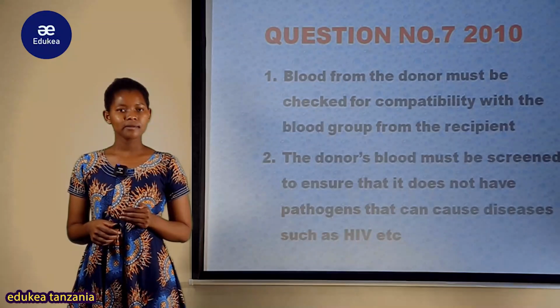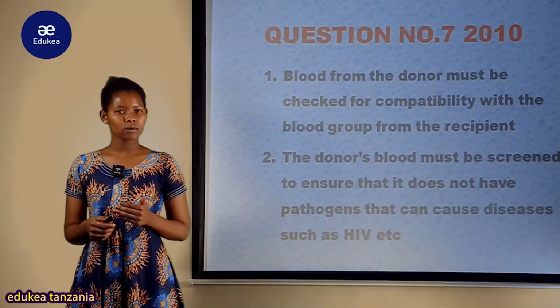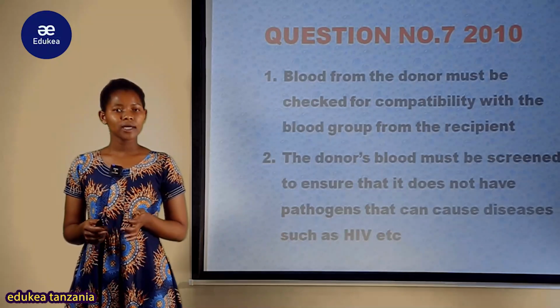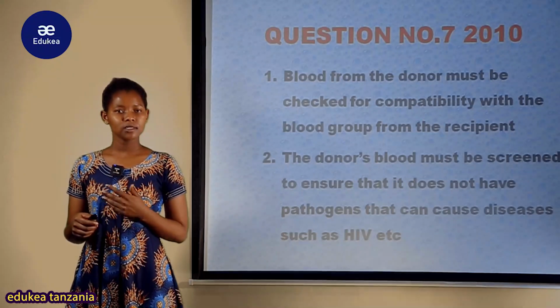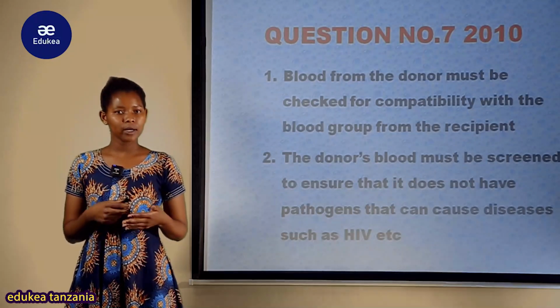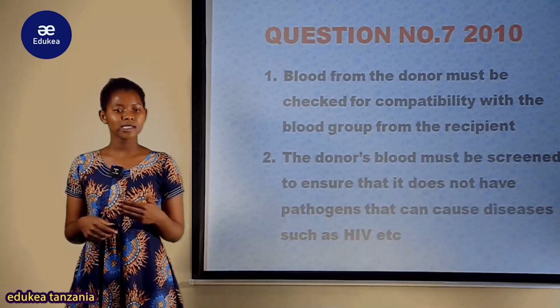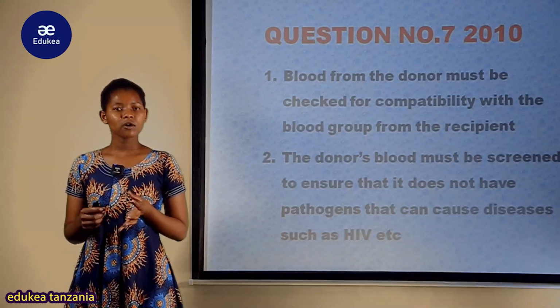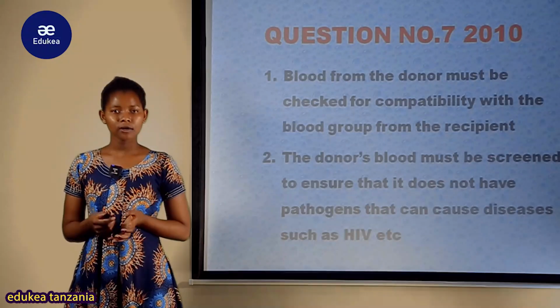Damu ya donor lazima iangaliwe kwa ajili ya ensure compatibility, otherwise itatokea antigen antibody reaction na damu ambayo atapewa recipient anaweza akawa affected au akafa kabisa. Kwa hiyo tunapozungumzia compatibility tunamaanisha muendano wa damu.